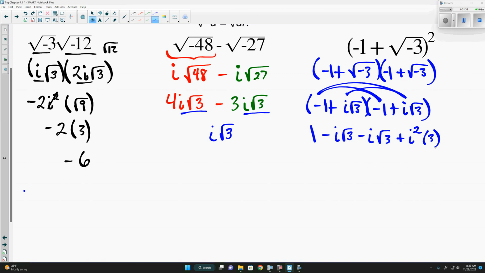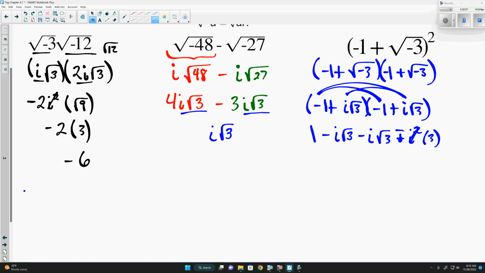Well, what do we know about i squared? It is -1, yes? So really it's just going to change this sign from positive to negative. Since there is a number there, we can just change the sign. We don't have to rewrite in -1, because -1 times 3 is -3. Yes? And a lot of times when I'm multiplying by hand, anytime i squared shows up on any of the steps, I go on and change it.